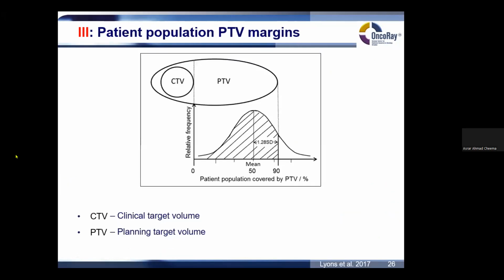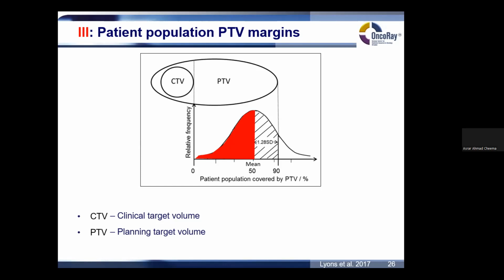So we know that this is CTV and this is a PTV exaggerated in one dimension to correlate it with this distribution. If we say that PTV margins are normally distributed for a large patient group, then we can say that the mean of the normal distribution will cover 50% of the patient population, and in order to cover 90% of the patient population, this 90% patient population coverage was used to make this recipe comparable with the statistically determined PTV margin recipe from Van Herk.